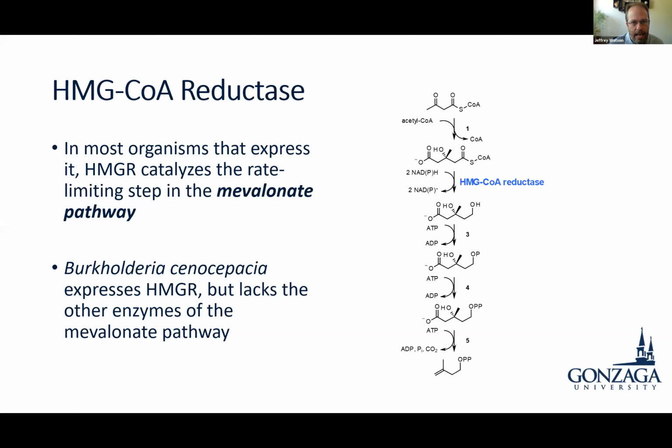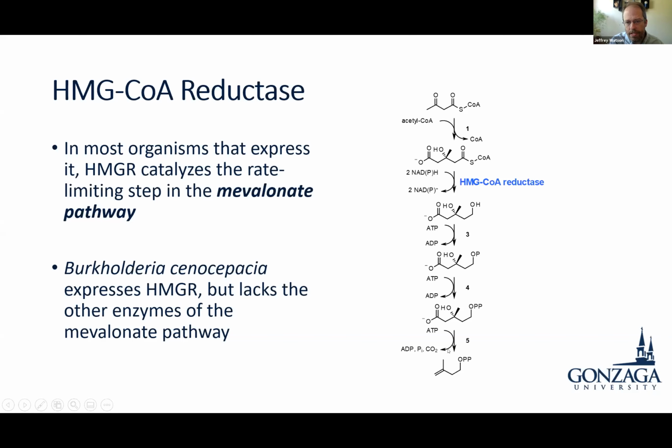Now, the interesting thing, and the enzyme we study, comes from the bacterial opportunistic lung pathogen, Burkholderia cenocepacia. We showed a few years ago that this bacterium expresses HMG-CoA reductase, or HMGR, but looking at the genome, you see that it lacks the other enzymes of the mevalonate pathway.